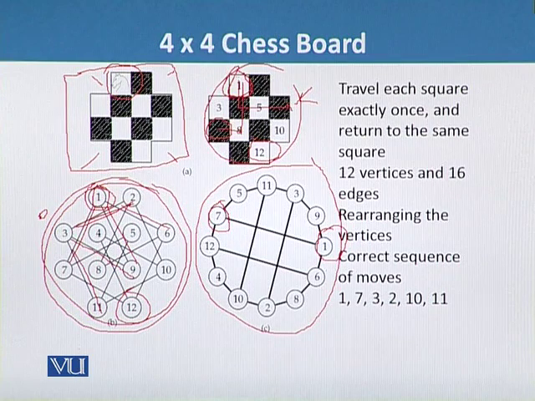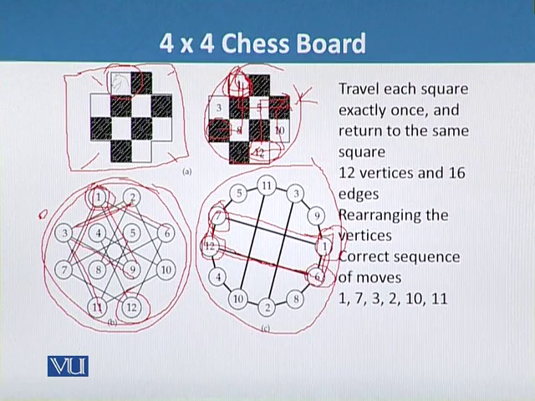Then from position number 7 it can move to position number 12, and from 12 it can move to position number 6, and from 6 it will again come to position number 1, the original position of the horse. So we can see that this is in cyclic form.